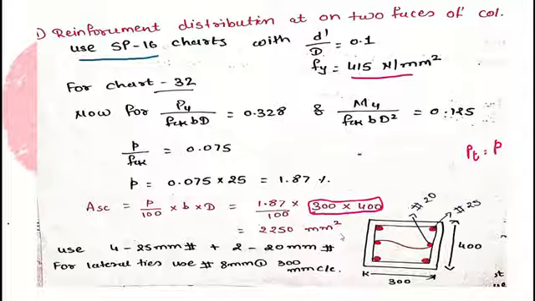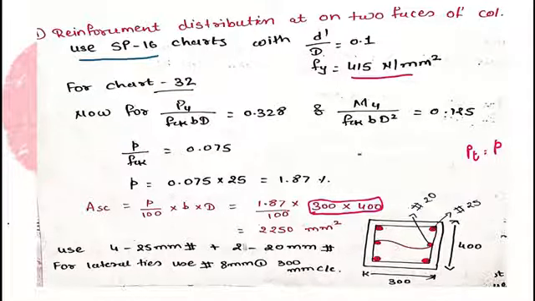Now we have to choose one bar diameter or a combination of two bar diameters and provide the number of bars. Okay, so I'm using here 4 numbers of 25 mm bar diameter plus 2 of 20 mm bar diameter, and for the arrangement of the reinforcement detail we can provide like this. As they asked for the reinforcement distribution on two faces only, we have to provide the reinforcement bars on two faces.